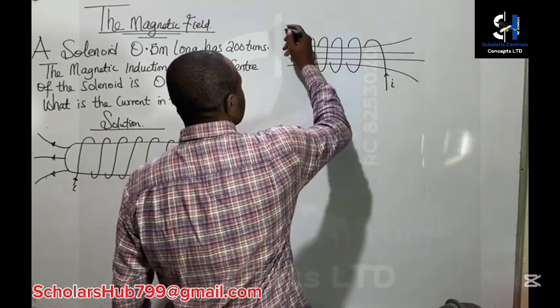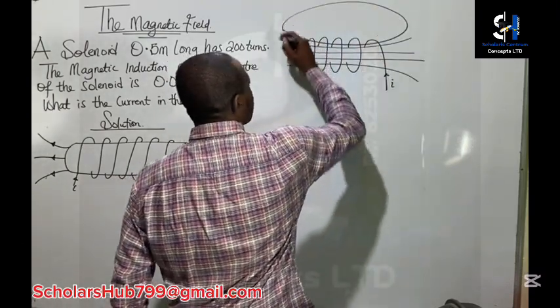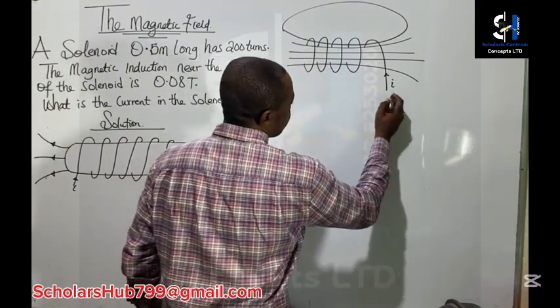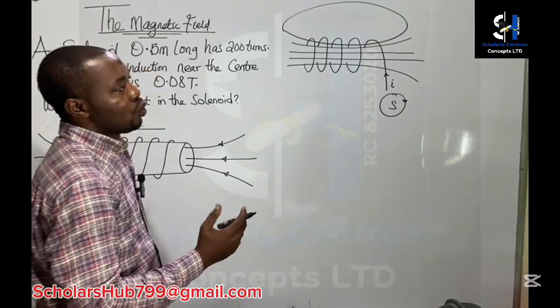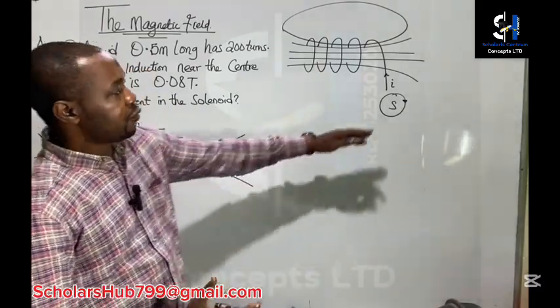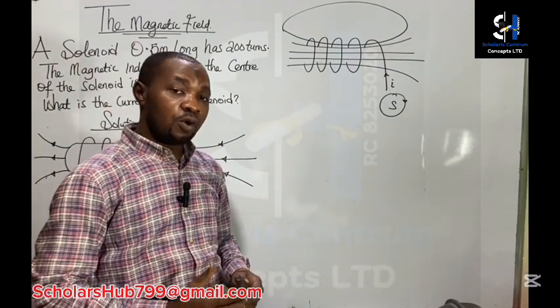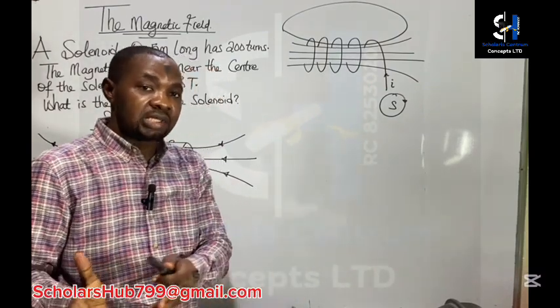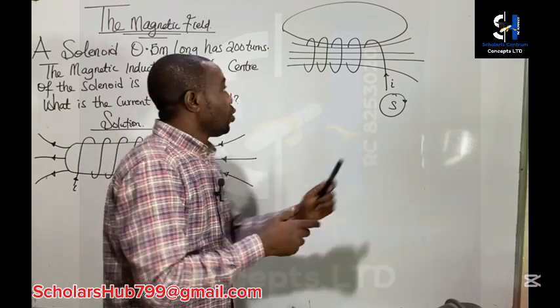Because this end will be the south, since when the coil is viewed from this end and the flow of current is in the clockwise direction, this end will be the south pole.